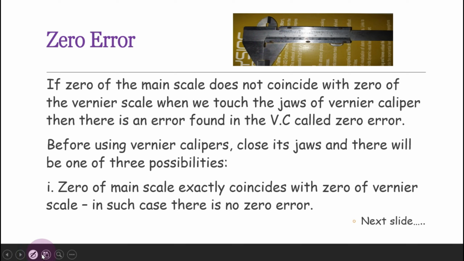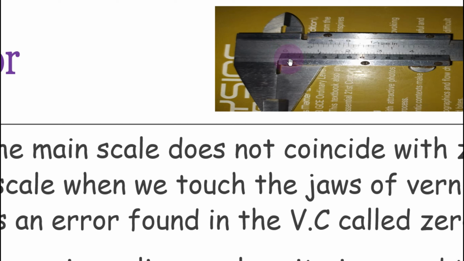But if I close the jaws of the Vernier caliper and it is rusty, and I am forcing it to close but it does not, then the zero of the Vernier scale will be slightly to the right of the zero of the main scale, and that will cause an error, known as positive zero error.